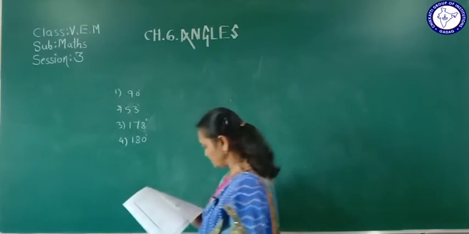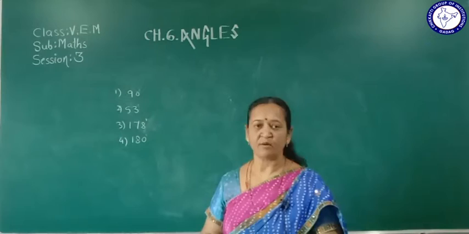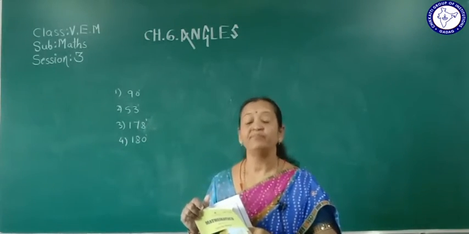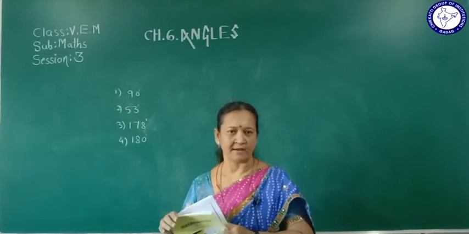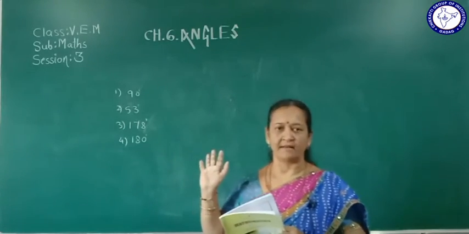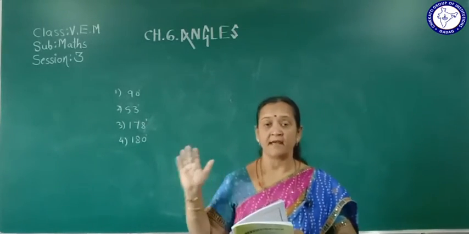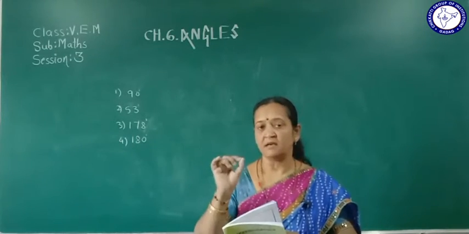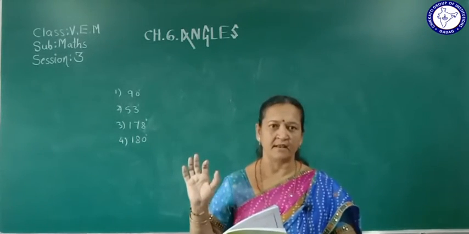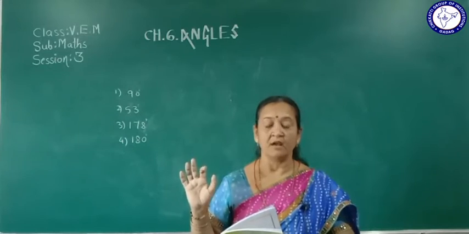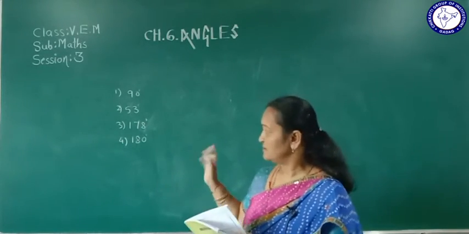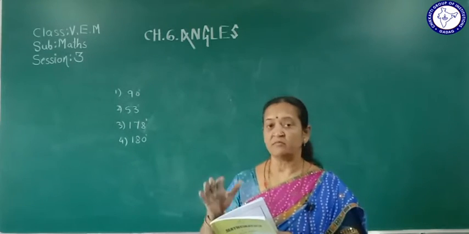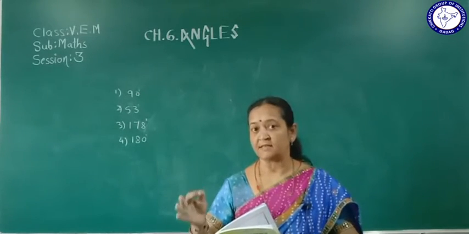Now see here it is told to find an example for obtuse angle. What is an obtuse angle? The angle which is more than 90 degree and less than 180 degree. Not exactly 180 degree. Less than 180 degree means till 179 degree. So more than 90 degree it is 91 degree.